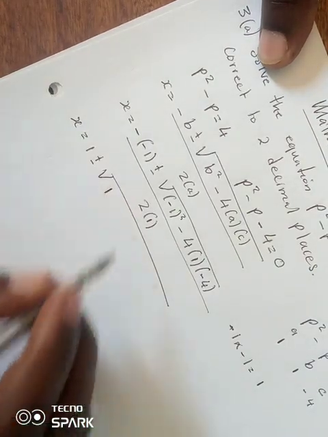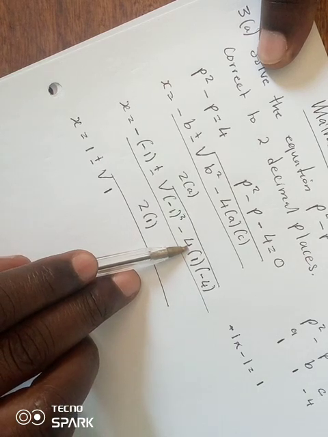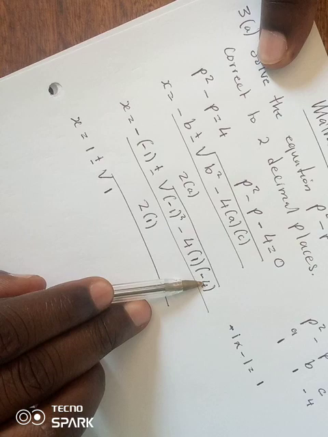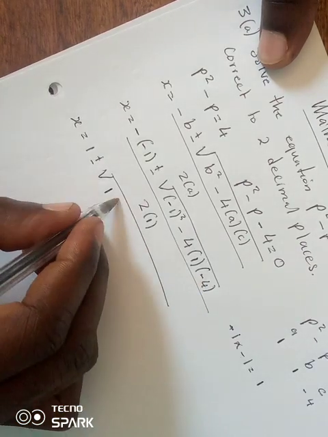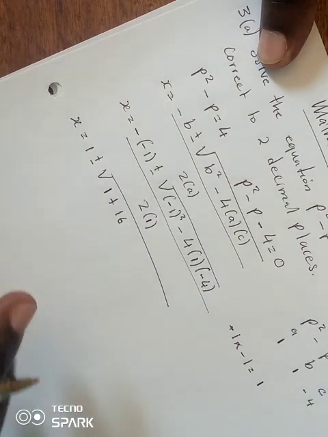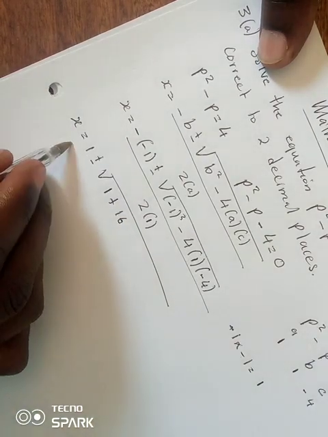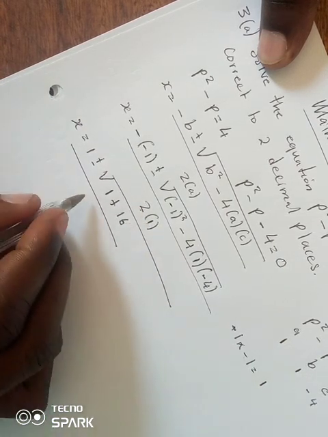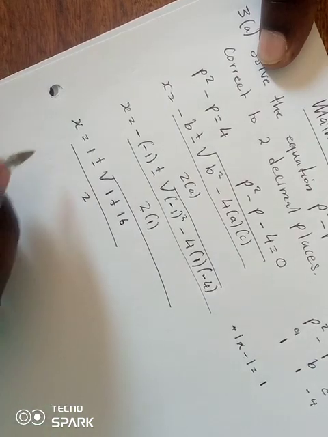Then negative 4 multiplied by 1 multiplied by negative 4 will give us positive 16, because negative multiplied by negative is a positive. So over 2 times 1, that will give us a 2.